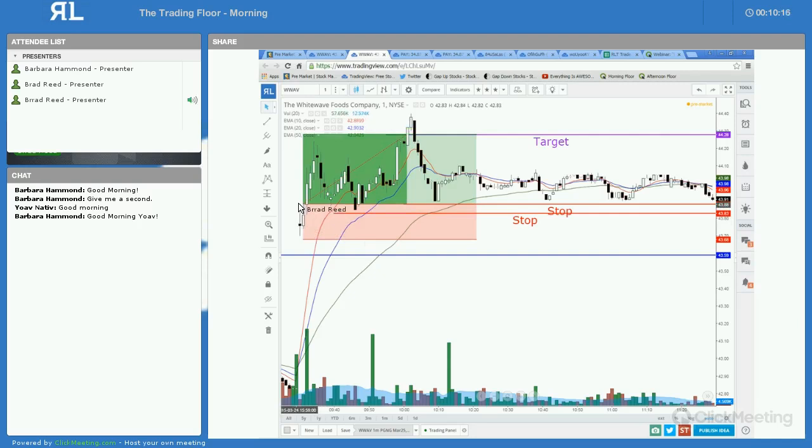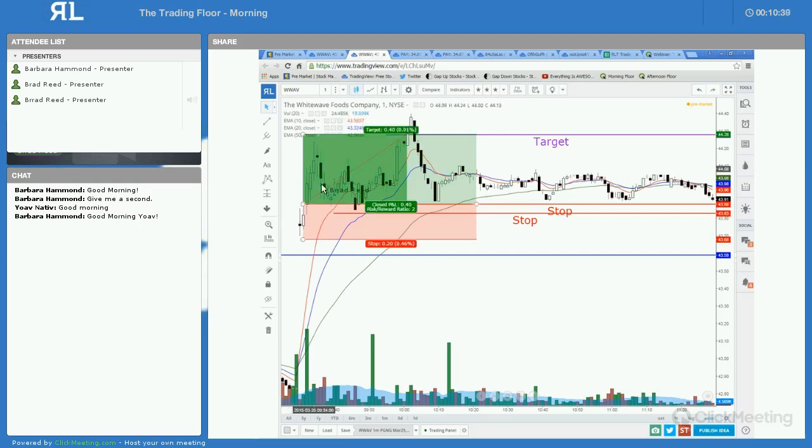So we executed the 2-minute: our entry was the 2-minute high, and our stop was the 2-minute low. I should reiterate, my entry is about 2 pennies above the 2-minute high, and the stop is 2 pennies below the 2-minute low. I'll need to change that on my trading journal.